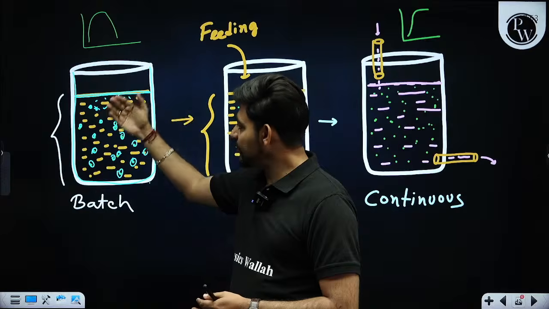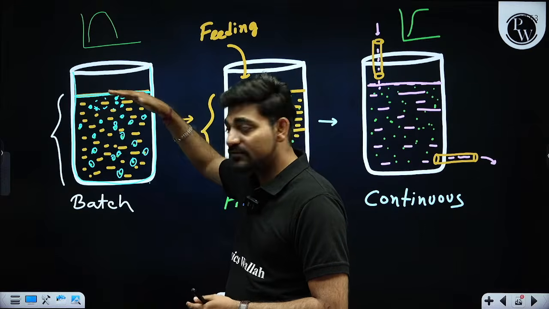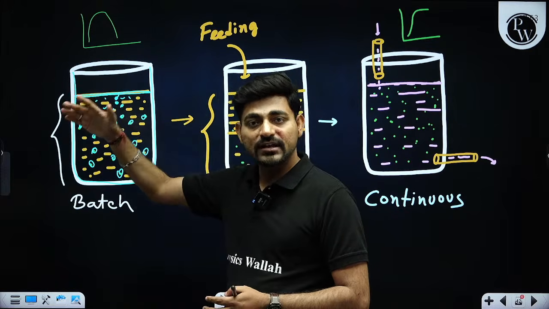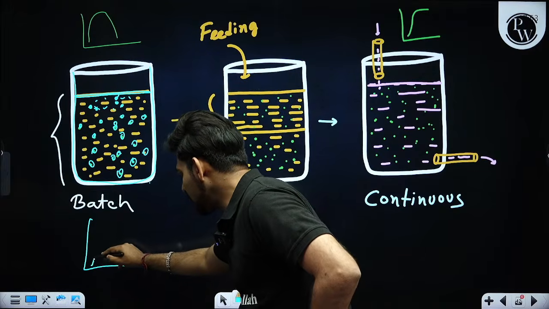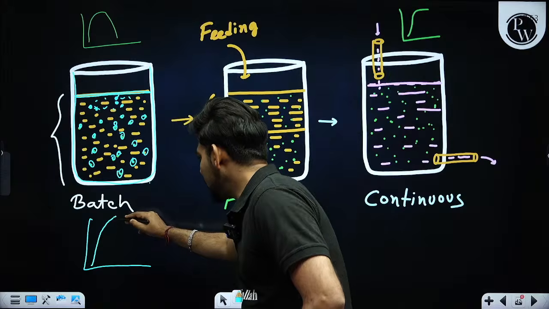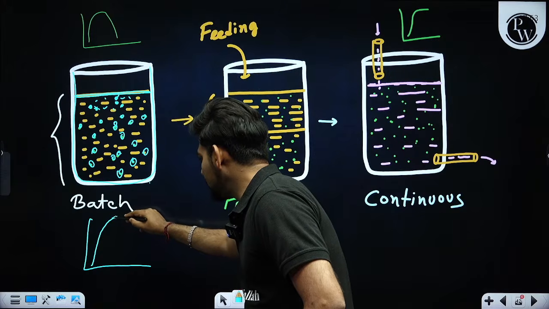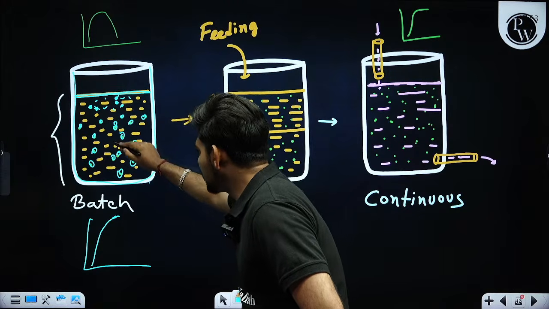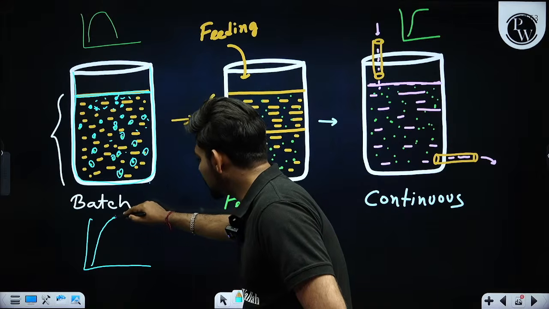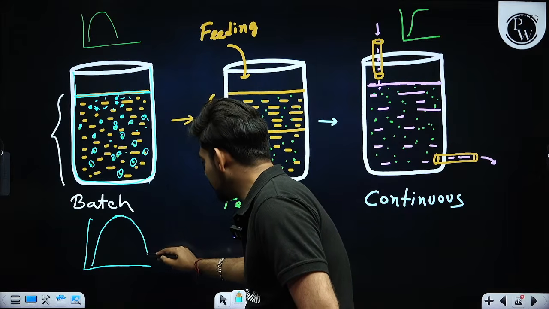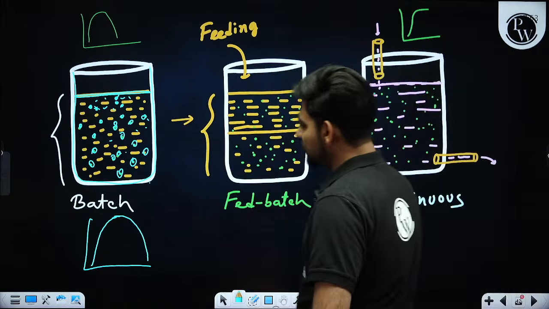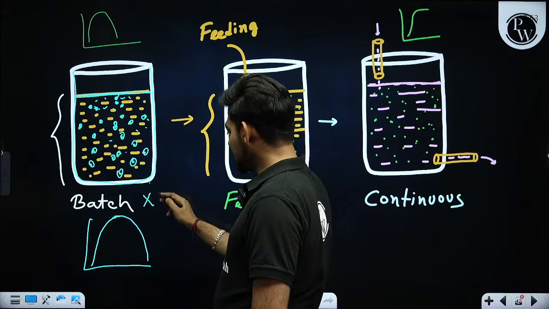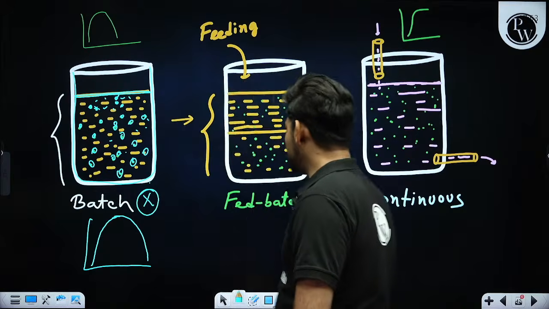So if you keep that culture for a prolonged time, first you will observe the count is increasing, and when they have reached the saturation period, all the nutrients are finished, and gradually the cells will start dying. So this kind of graph will be produced if you follow batch culture. That's why we won't be going with batch culture.